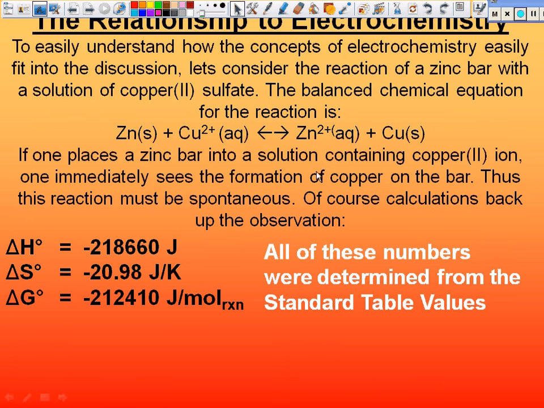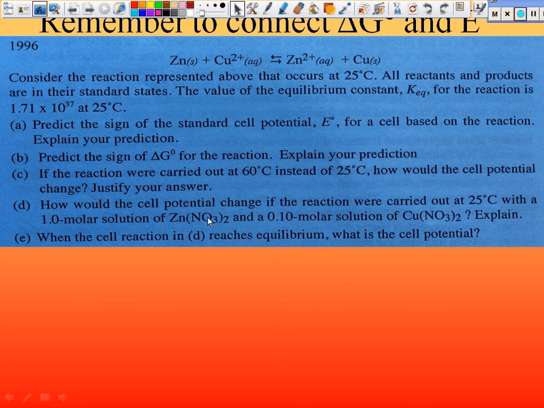Tell me why. Yeah, but this says how will the cell potential change? This is also true. This is also true.